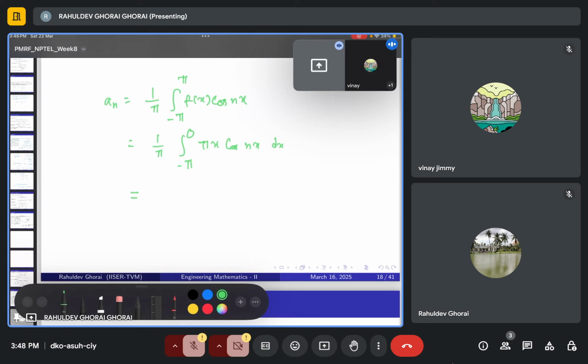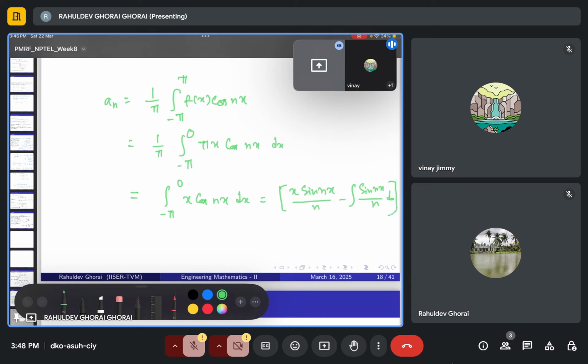That implies 1 over pi, and pi also is there, so pi gets cancelled, and we have the integral from minus pi to 0 of x cos nx dx. Mainly you have to evaluate this. So how do you evaluate? It will be x sin nx over n minus the integral of sin nx over n dx.